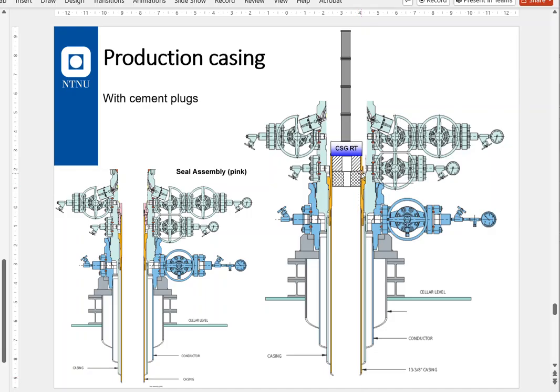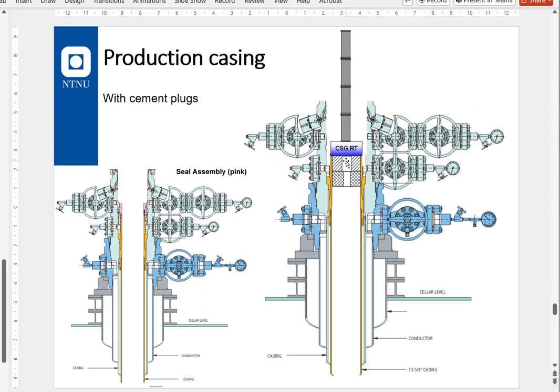So there are two plugs sitting inside the casing running tool, and you drop darts. You drop the first dart, and the bottom one shears out, and cement follows. Once the cement is finished, you drop another dart and you pump mud behind it.